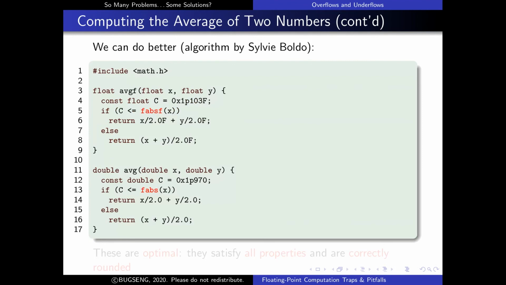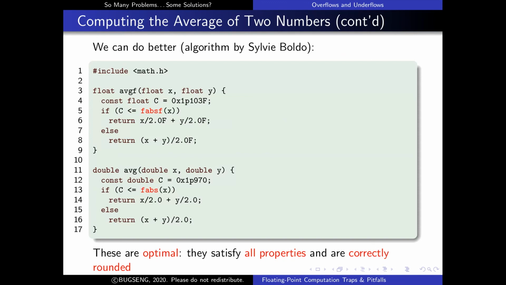So this algorithm, which is due to Sylvie Boldo, computes always the correctly rounded result. So here is the version of the algorithm for float, and this is the version for double. This constant is in a way a magic number, and these two versions are optimal. So optimal meaning they satisfy all properties and are correctly rounded.